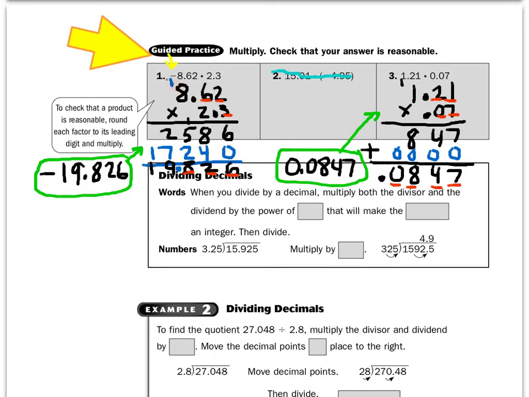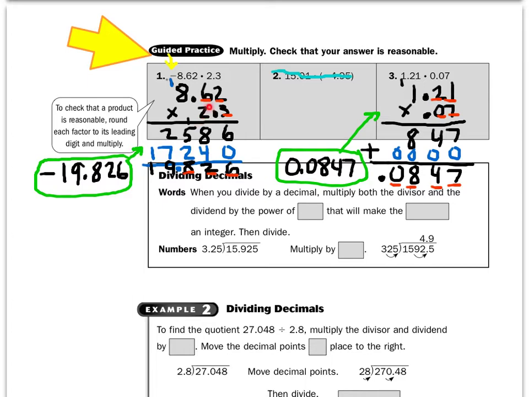Okay, so let's practice multiplying in the guided practice and take a look at number 1. It's negative 8.62 times 2.3. So I'm going to put the 8.62 on the top because it has 1, 2, 3 numbers, and I'm going to put the 2.3 down below because it has 2 numbers, and then I multiply. 2 times 3 is 6, 3 times 6 is 18, and I carry the 1. 3 times 8 is 24, plus 1 is 25.